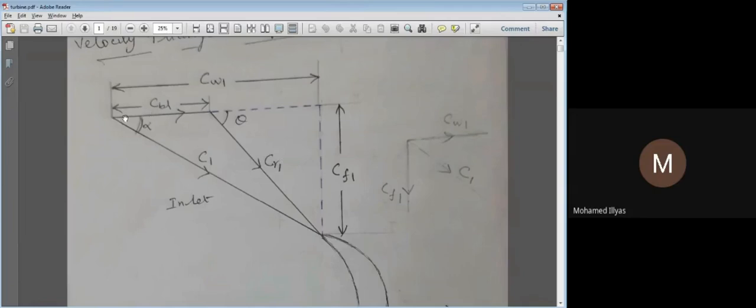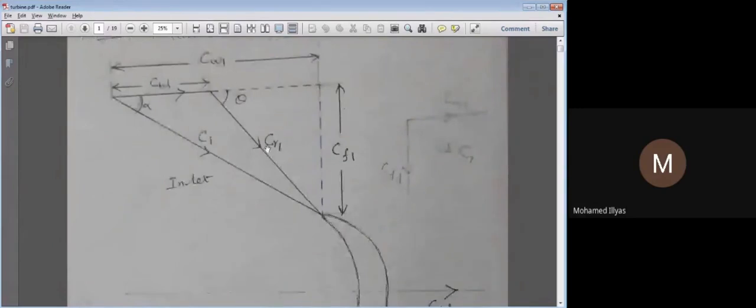So when your blade velocity is in the horizontal direction, and your velocity of the steam is making an inclination alpha here, with this I'll get a resultant. Resultant means it has to close this, then only it will be a resultant. The net, final effect of these two velocities, we'll call a resultant. This resultant we call the relative velocity. CR refers to relative velocity here. So why do we call it a relative velocity? This is velocity of steam, and this is velocity of the blade.